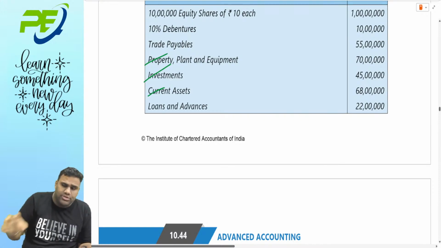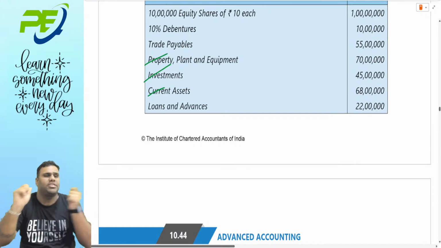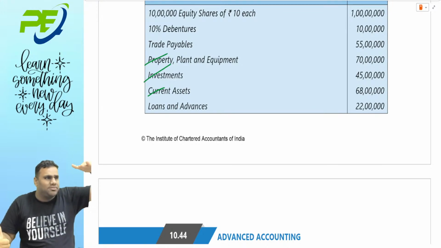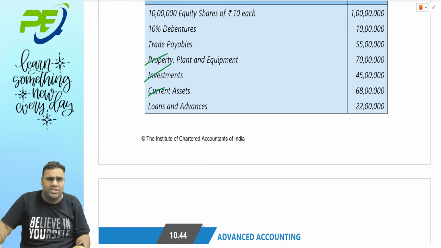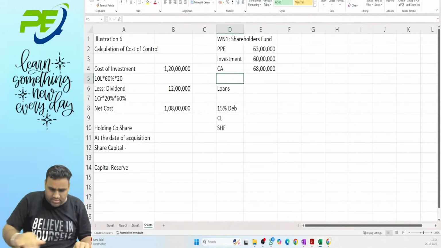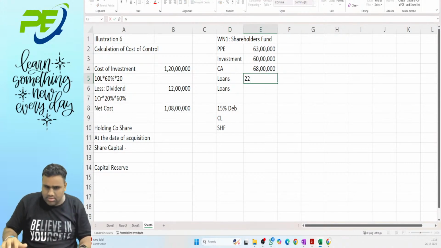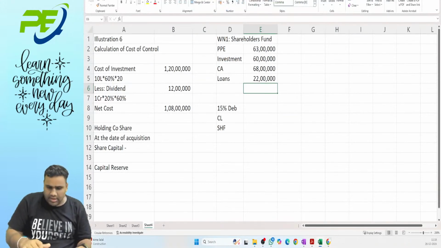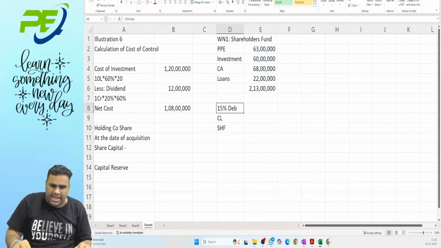Then loans and advances. Now, is this loans and advances an asset or a liability? Because all the liabilities we have completed on top. These are some logical conclusions we have to draw. Loans and advances, it is 22 lakhs. So all the assets are over. Total is 2 crore 13 lakhs.